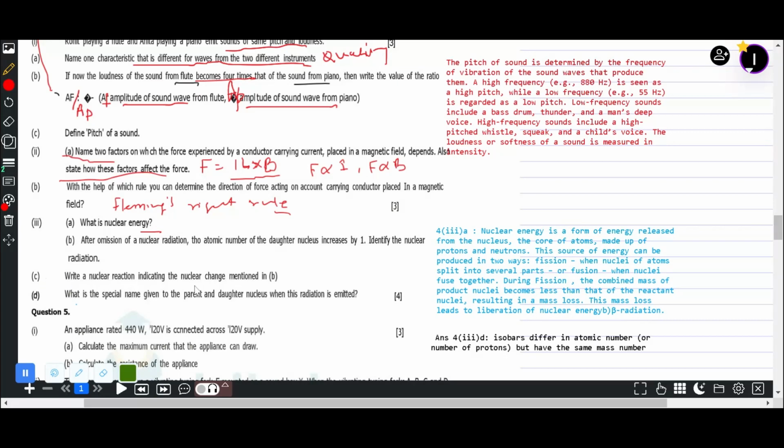So write a nuclear reaction indicating the nuclear chain mentioned in B, which is beta radiation. So in case of beta radiation, I will write a sample equation.